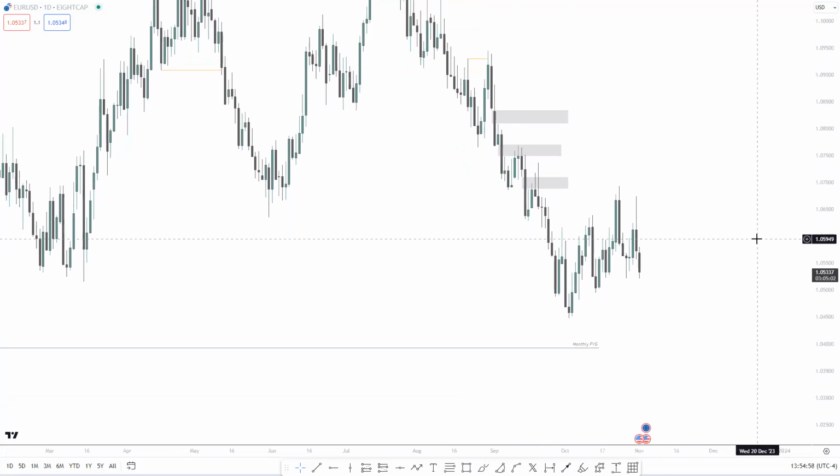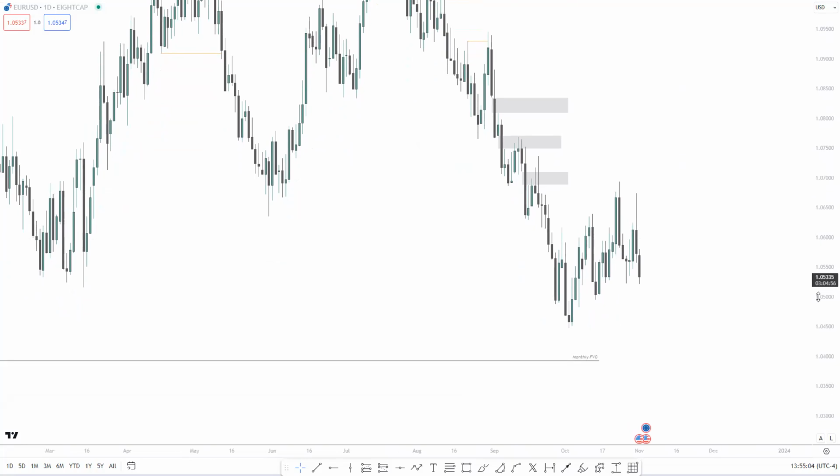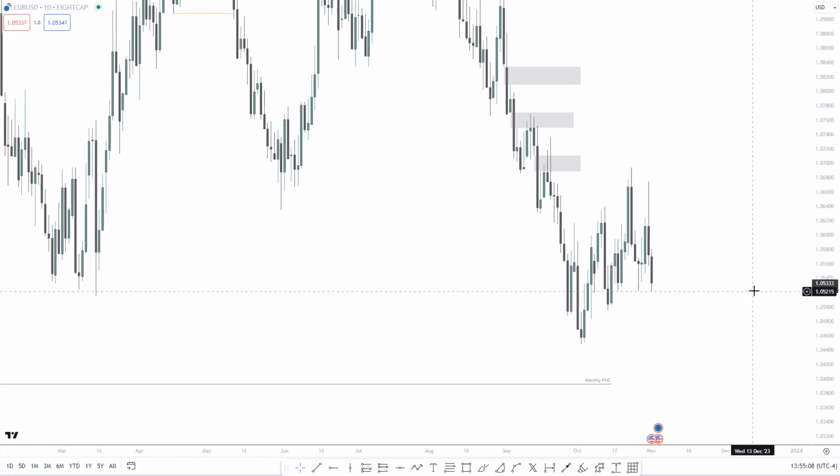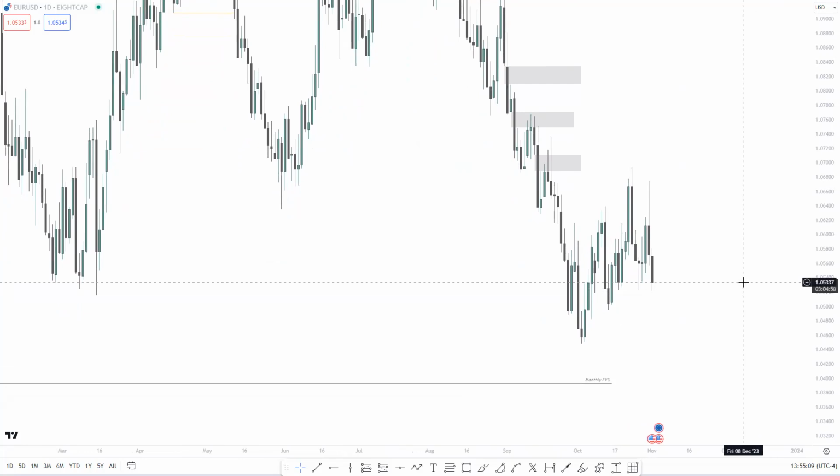Then I came across the market maker, the MMXM trader. He's a guy on Twitter. When I studied his Twitter account, I found out something unique, and it was the simplicity. The other guys on the internet were making the ICT concepts really complex.